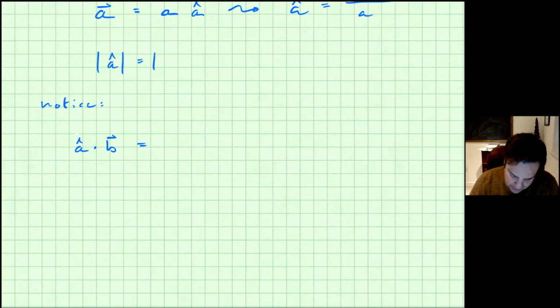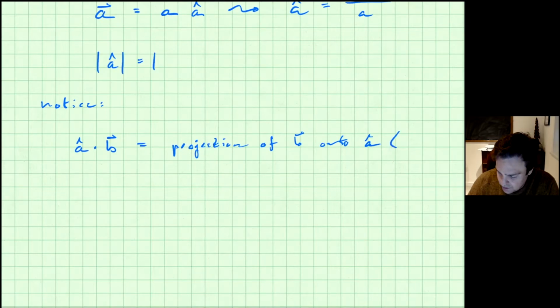What is the magnitude of this vector here? It's 1. So if you think of it as the magnitude of the first thing times the projection of the second onto the first, since the magnitude is 1, this is just the projection of B onto A hat.